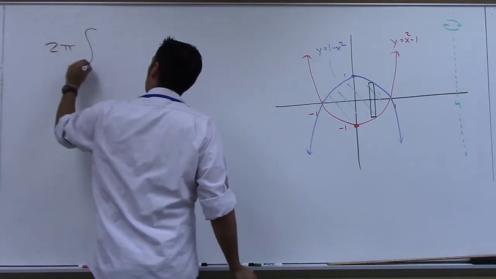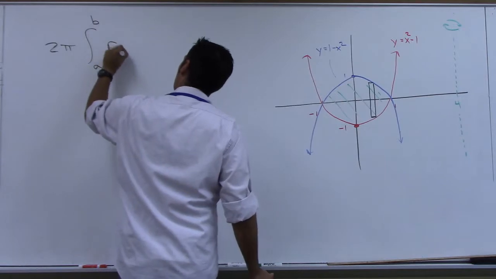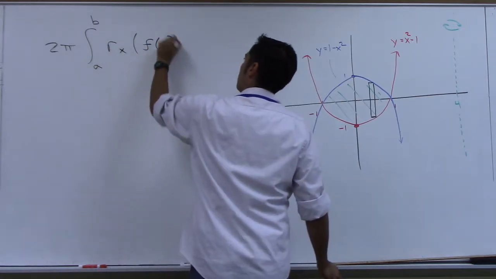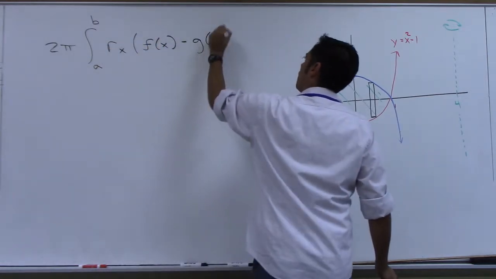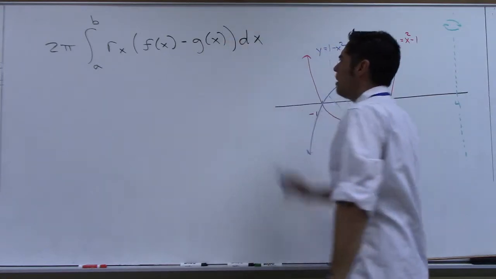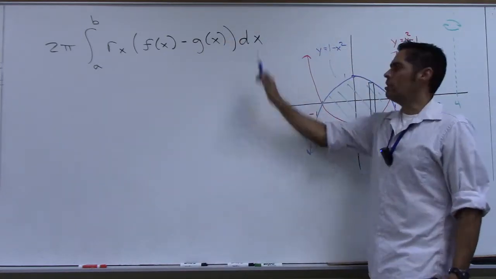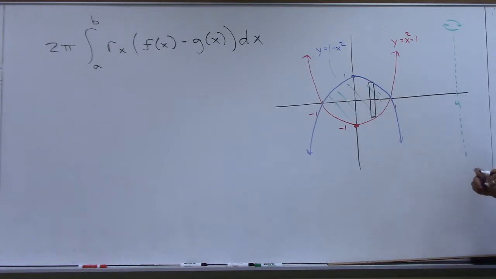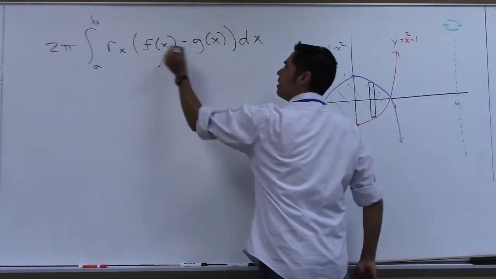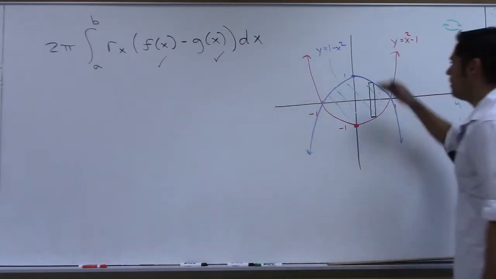I'm going to write down the formula up here so that we can refer to it. Did I put the dx on the formula? Yes? Okay. All right, so right now we have the f of x and we have the g of x, don't we? The top and the bottom.